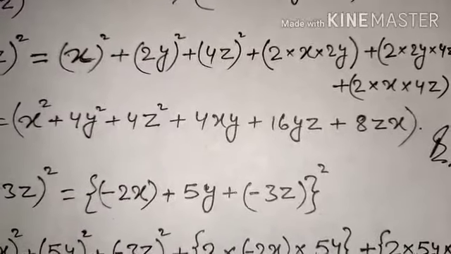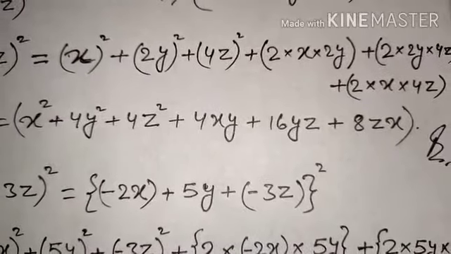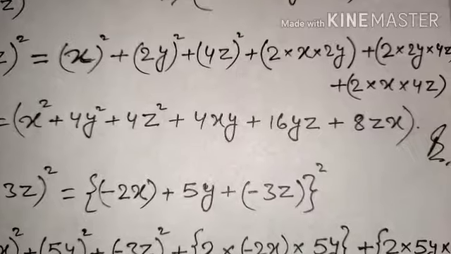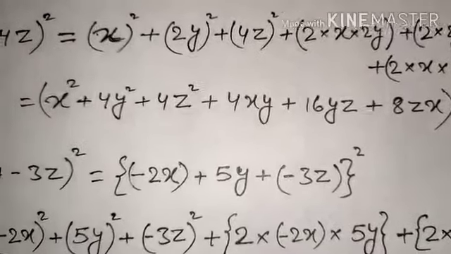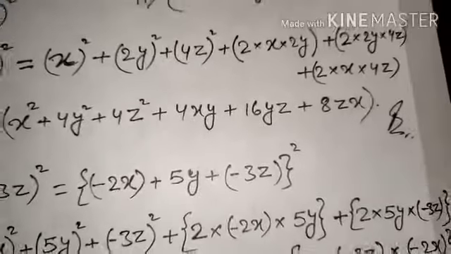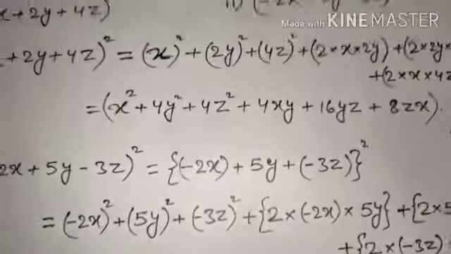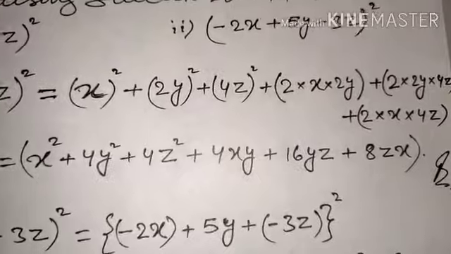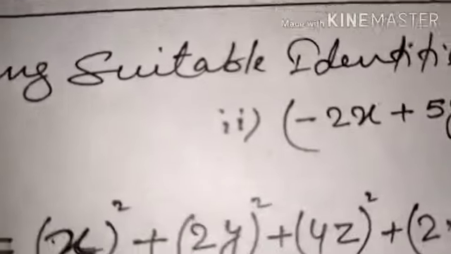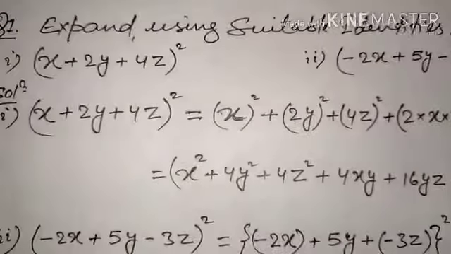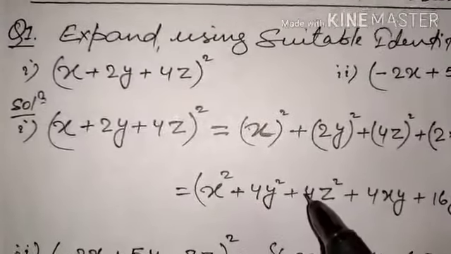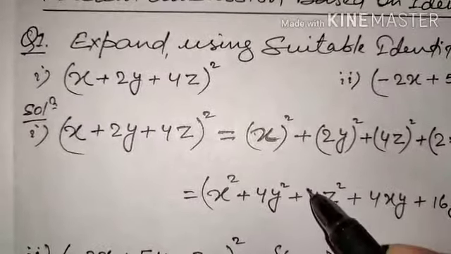So x square will automatically come as x square. Now 2y whole square, that is 4y square. Now 4z whole square. I think there's a bit of a mistake over here, so let me correct it here only. Sorry for this, it can happen.